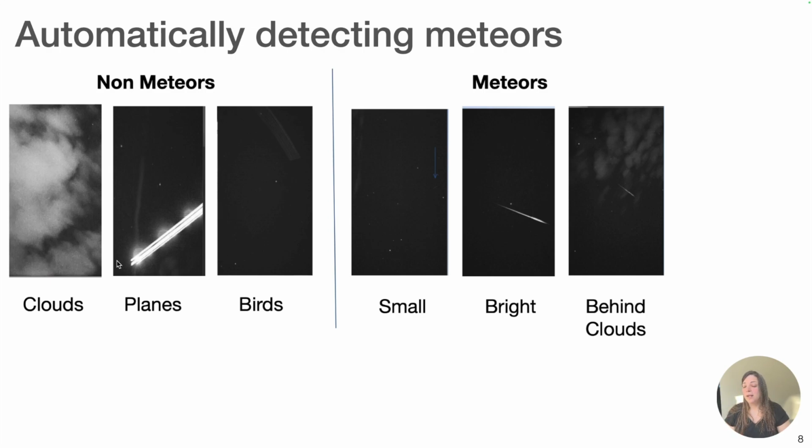This is what a plane would look like when recorded in such cameras. This is what birds look like, clouds and so on. That's a cool application that allowed astronomers to ease the burden of analyzing such large amounts of data, and we use deep learning to sift through that data. So that's a cool application, I think.